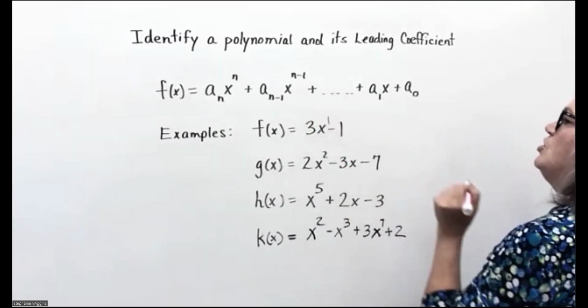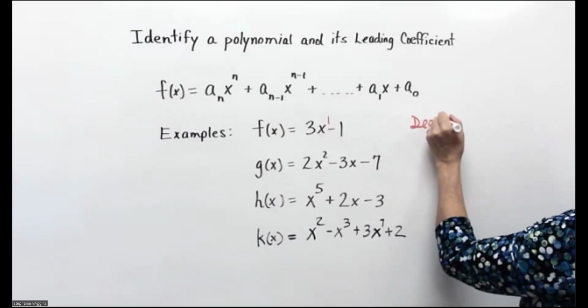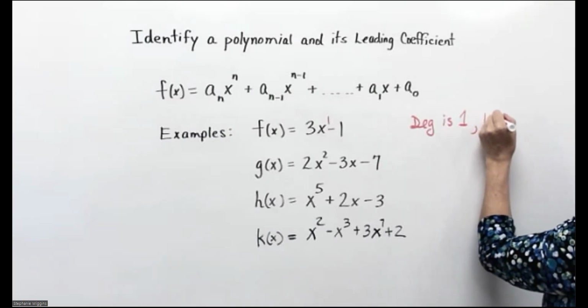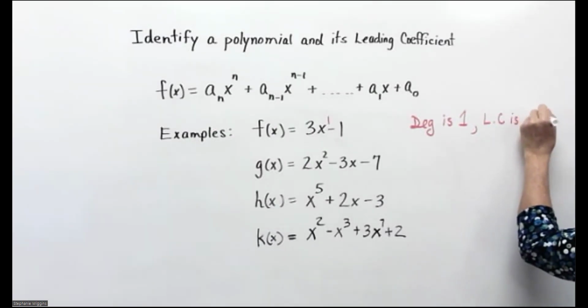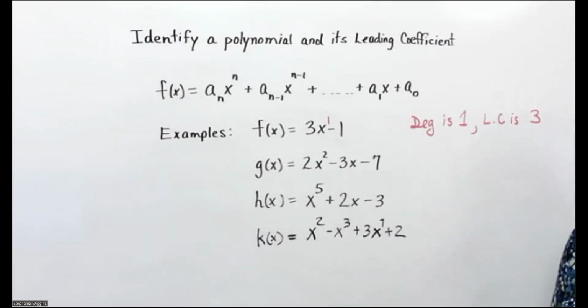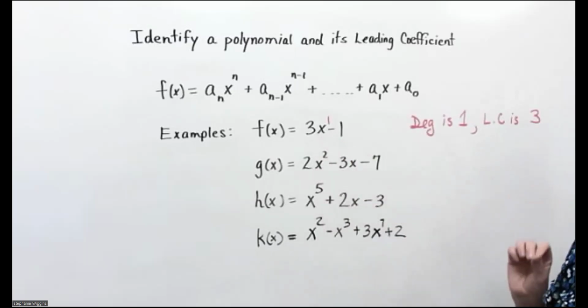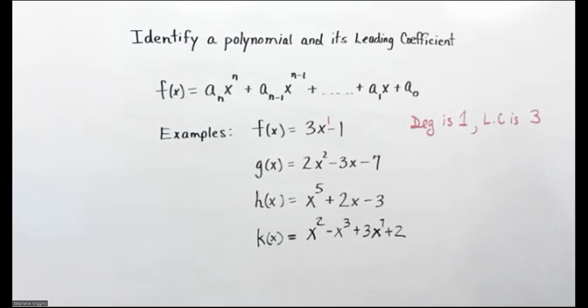So this is understood to be 1. So the degree here is 1, and the leading coefficient is 3. Okay, the leading coefficient is not necessarily the number in front, but it's the number that is in front of the highest power of x.